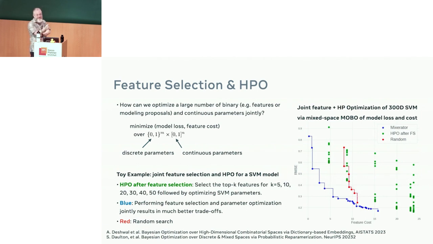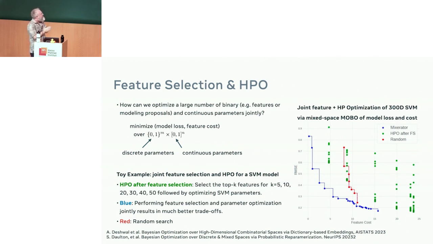Let's say you've got 300 features in your model, and it might be difficult to evaluate what is the true cost of this feature, because the cost of the feature might involve, let's say, retrieving a whole bunch of items from a database, and there might be heterogeneous costs and maintenance costs to each of these.